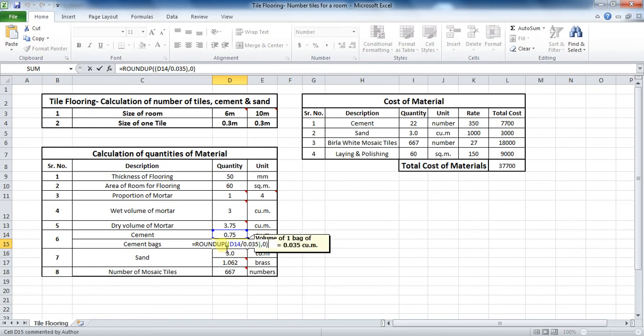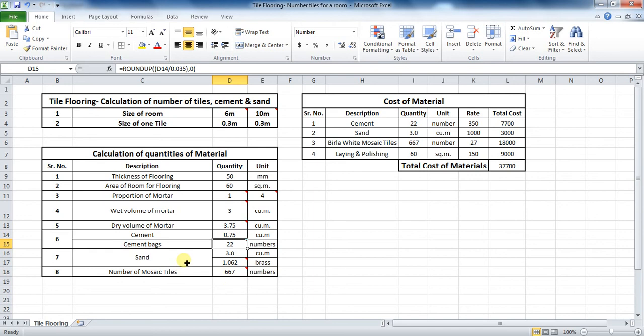As I have said in my previous videos, the roundup formula is used because cement bags cannot be taken in points. Therefore, to round up that value to the next round figure, we use this roundup formula.